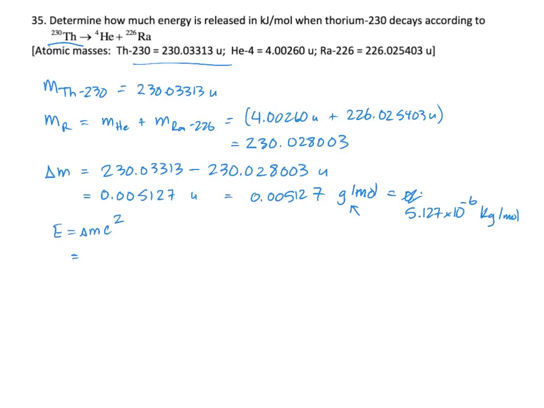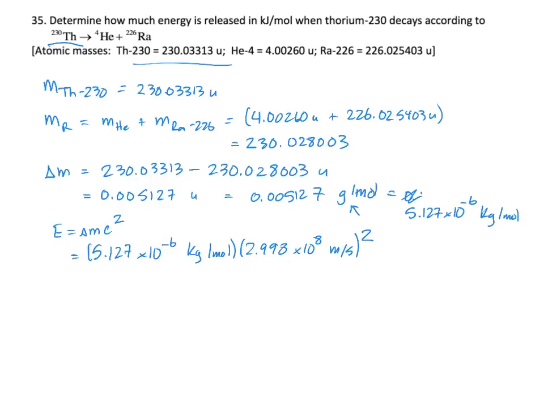So we can stick this in down below: 5.127 times 10 to the minus 6 kilograms per mole, multiplied by c squared. c is the speed of light, which is a constant, 2.998 times 10 to the 8 meters per second, all squared.